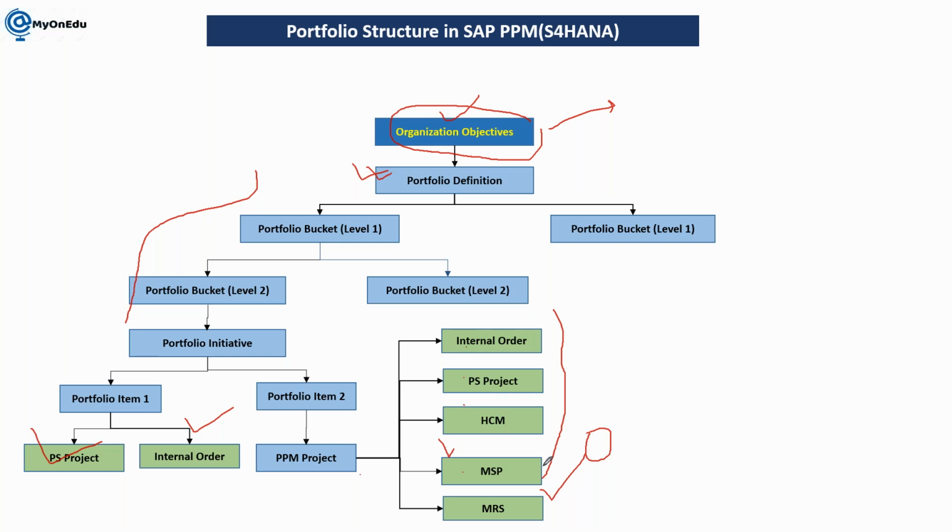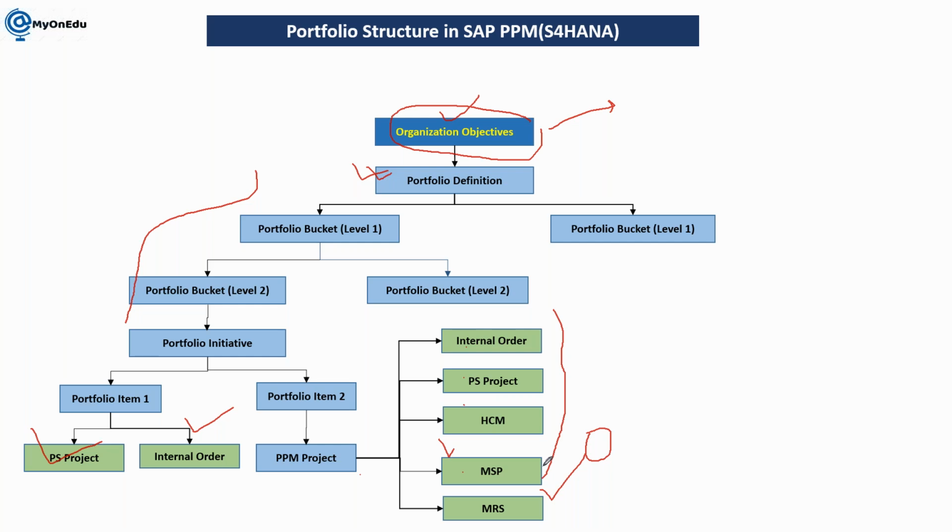Another question. You have grouped portfolio items here under a portfolio initiative. I understand there are roll-ups which happen within PPM. So all costs rolled up from your PS project or your cost plans will roll up to your portfolio item first. Will it roll up to your portfolio initiative as well?